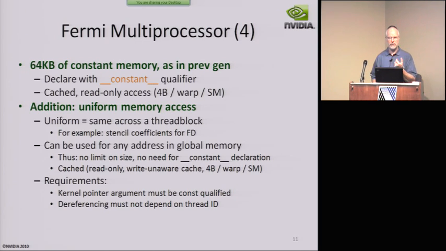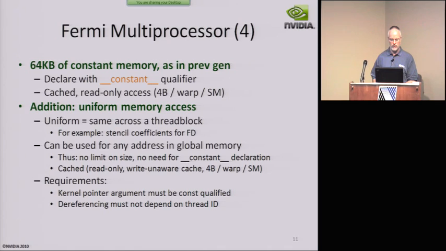But we added an additional feature which I think will eventually supersede the constant memory, and we call that uniform access. It works through the normal cache system, and it uses that mode where data doesn't overwrite or pollute the cache.